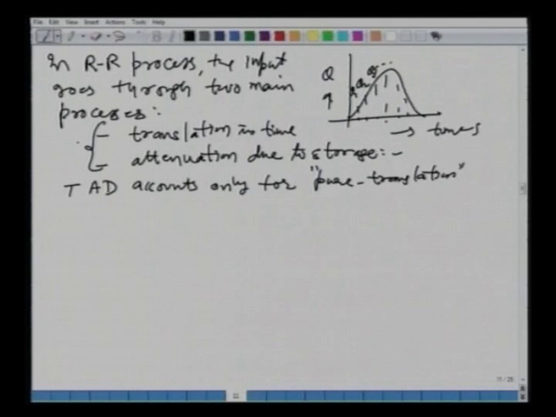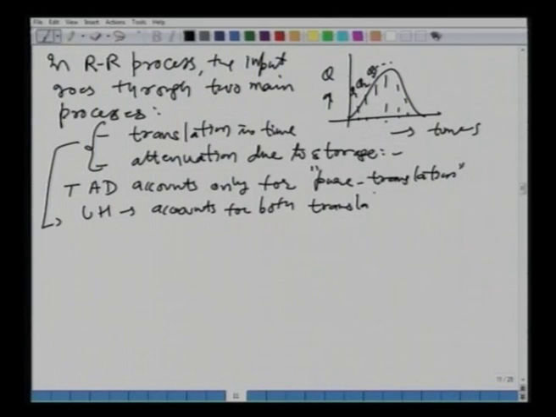So, you can say that the UH accounts for both translation and attenuation effects in a catchment.